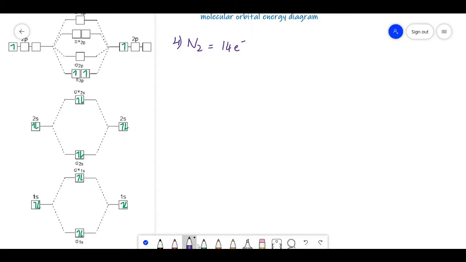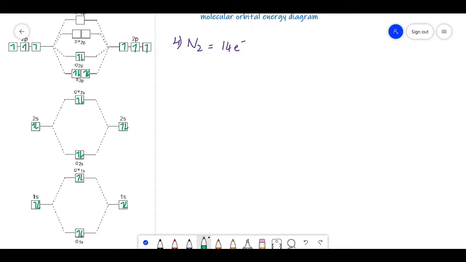Now let us fill the 14 electrons: 7 each, 1 to 7 for one nitrogen and 1 to 7 for the other. So these are all 14 electrons.